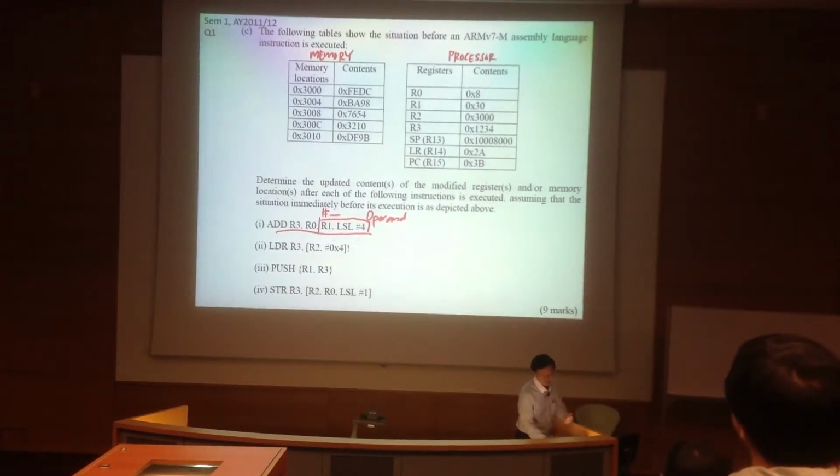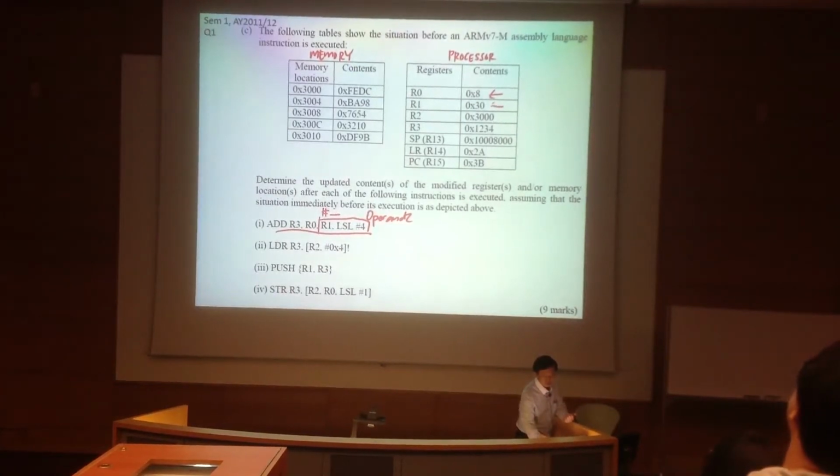This is the longest flavor of operand 2. And then whatever this value works out to, you're going to do something to the contents of R1. You're going to add it to that, and you're going to put the result in R3. So this thing is going to be overwritten.